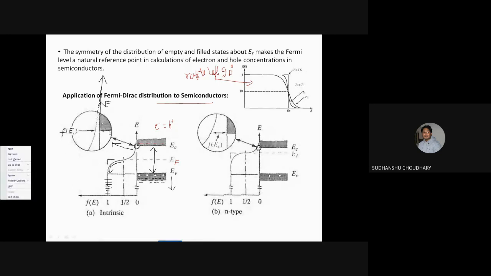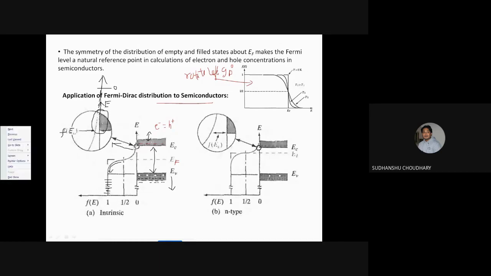So that means at higher energy levels in the conduction band, you will not find any electrons. Maybe here, these are empty states, right? So these are higher energy levels. These are all empty because the probability of finding an electron at higher energy level is 0. Fe is 0. But yes, you have some probability in this region, that is near the conduction band edge, that is here, this circle.